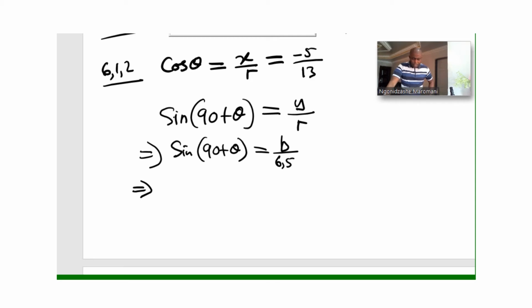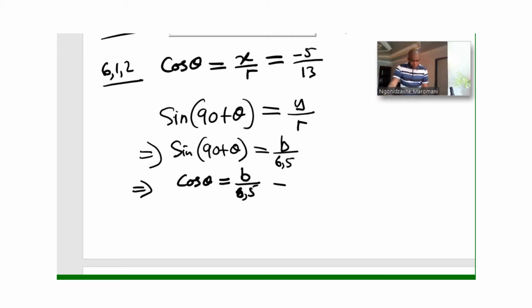If you look at sine 90 plus theta, it is in quadrant number 2, and sine is positive in that quadrant. But remember, as long as there's a 90 degrees or a 270, my sine must change to a cos. So sine 90 plus theta, when I simplify it, simply becomes cos theta. So we are saying cos theta is equals to B over 6.5.